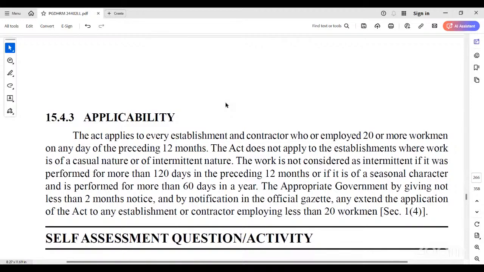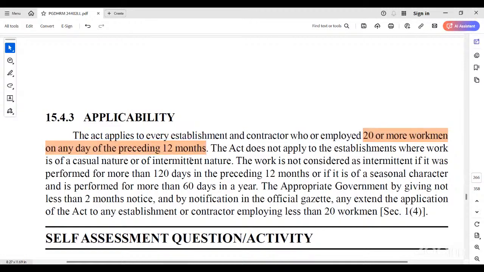So, applicability of this act: it is applicable to all establishments wherever the contractor employs 20 or more workers on any day of the preceding 12 months.